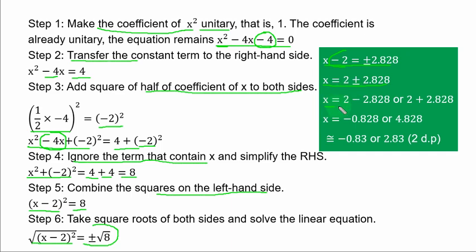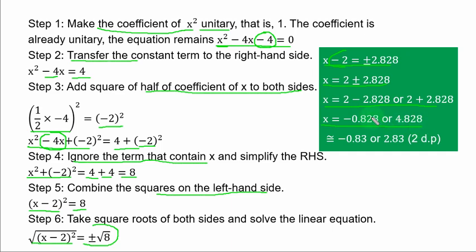The plus or minus means you write the expression two times, starting with minus. So s is equal to 2 minus 2.828 or 2 plus 2.828. If you subtract and add, you have s equal to minus 0.828 or 4.828.